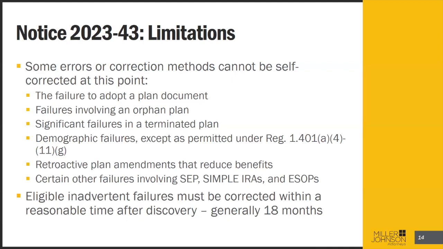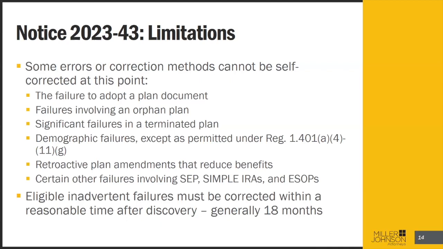Just horrible things happen to your company. There's terrible tax consequences. It would have been great to be able to self-correct that as an eligible inadvertent failure, but at least at this point, this notice specifically calls out that there's no relief for ESOPs under 409(p). Maybe we'll see that change.